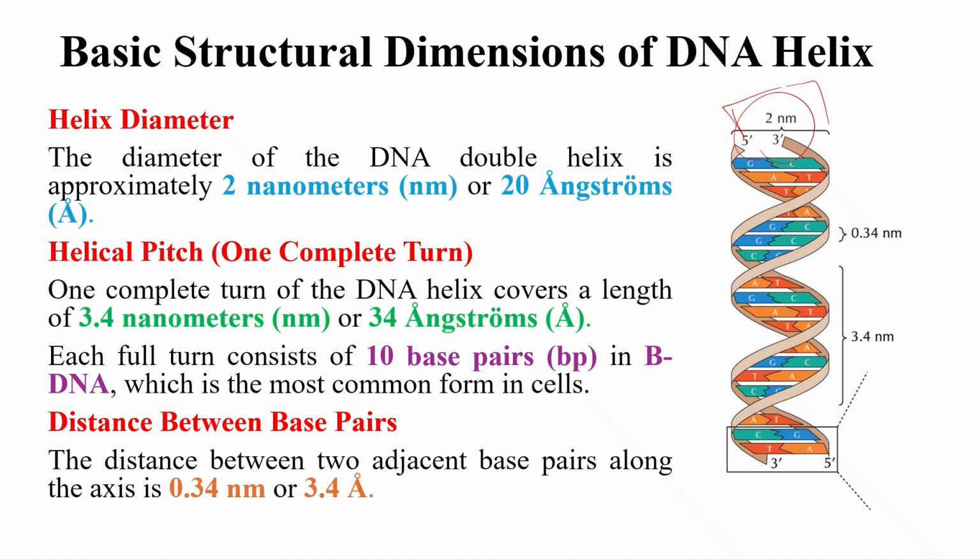If you check here, from one minor groove to another minor groove is known as a complete turn. It contains 10 nucleotide bases, and the size of one turn is 3.4 nanometers.